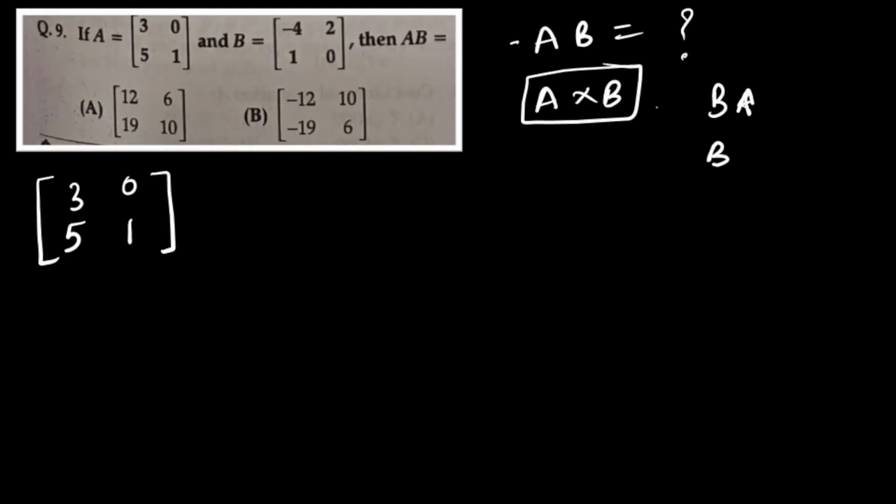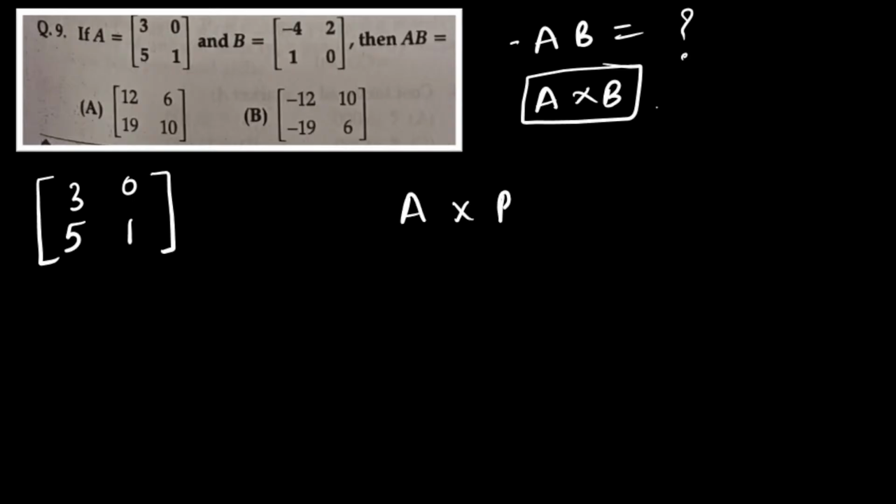See here, this 3, 5, 0, 1 is the first matrix. Whenever you are doing matrix multiplication, if AB is written, then you have to do A into B only. If BA is written, then you have to do B into A. Why am I telling this?